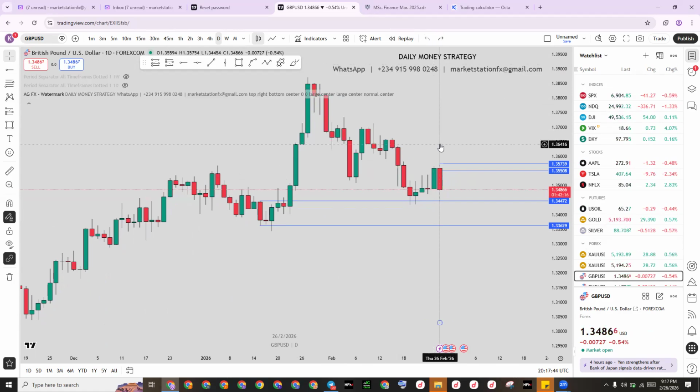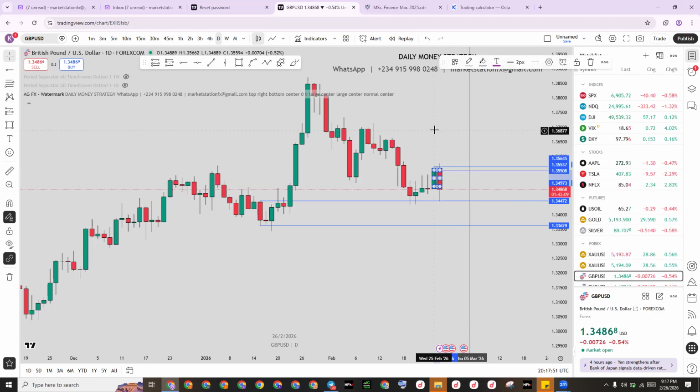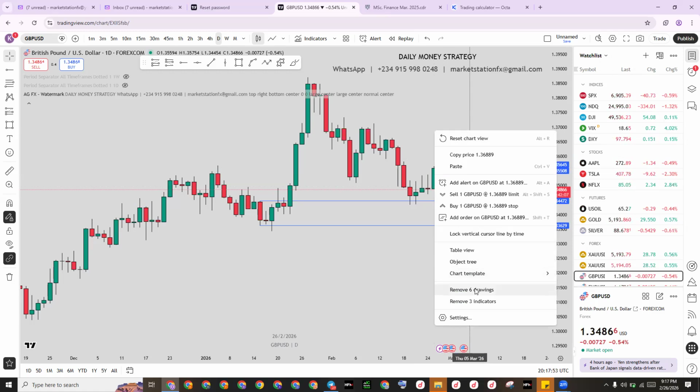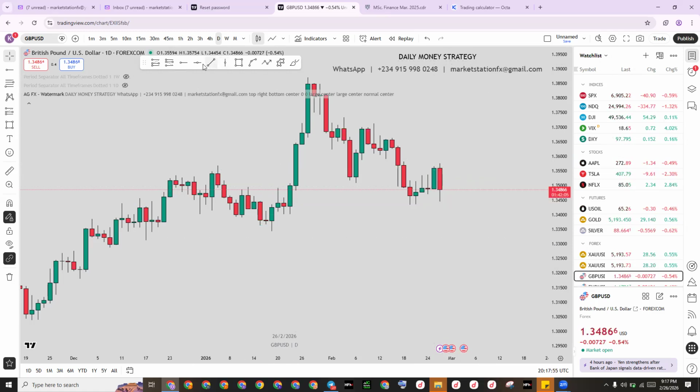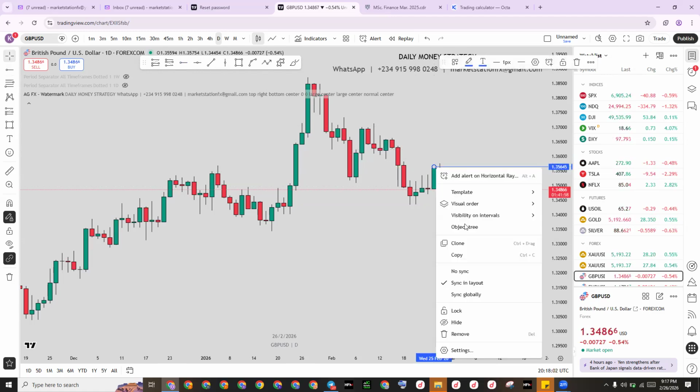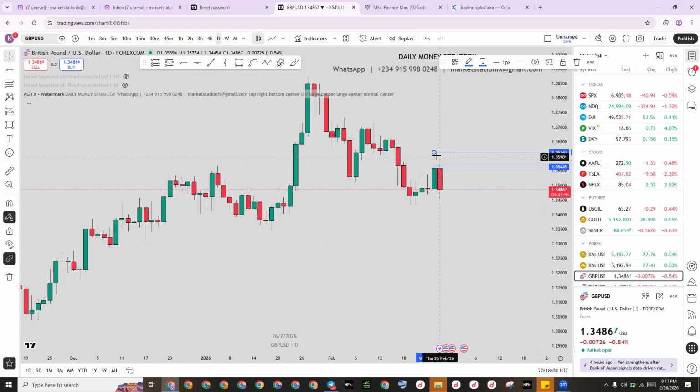You need to be an expert to trade the two candle model. The easiest is the three candle and the multiples. Why? Because the raid is obvious.